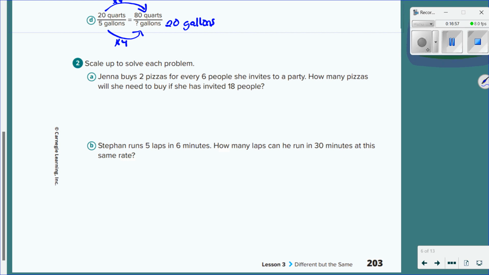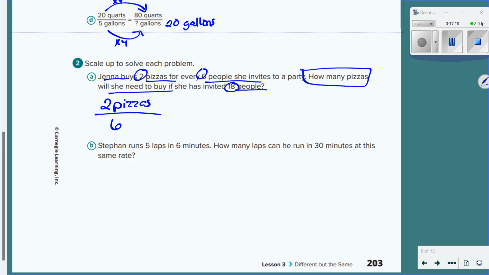Okay, so it says, Jenna buys 2 pizzas for every 6 people she invites. How many pizzas will she need to buy if she invited 18 people? So what is our original rate? What are we starting with? Allison? 2 pizzas, 6 people. Okay, and then we are going to make a new rate with what information?